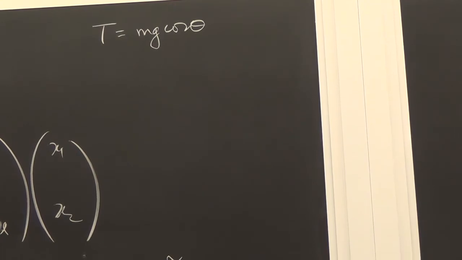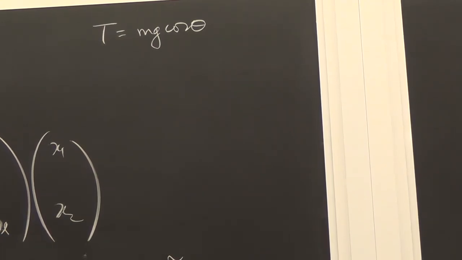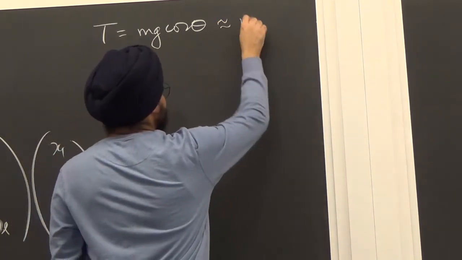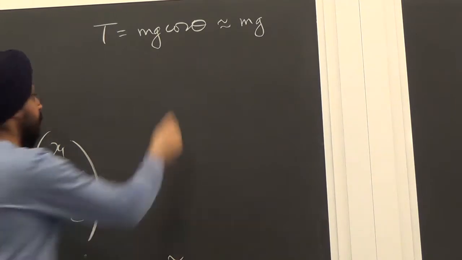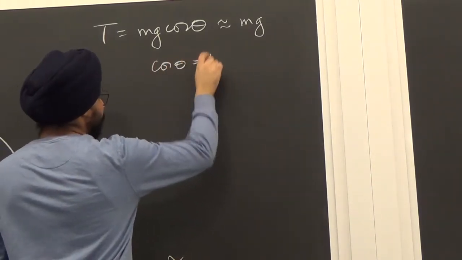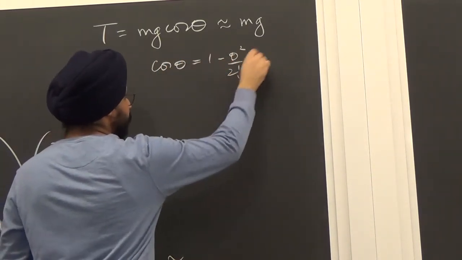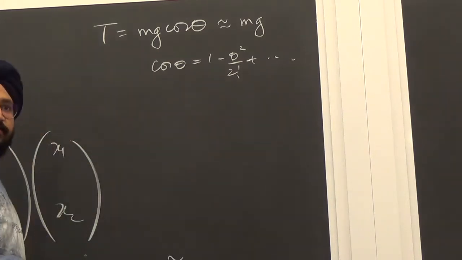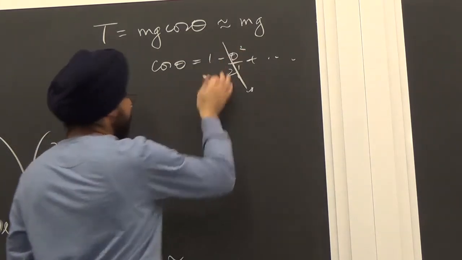Yes, of course, it has some y displacement, but for small angles, it's mg cosine theta. And again, for small angles, this is approximately mg, because cosine theta is 1 minus theta squared over 2 factorial, and so on. For small angles, I can drop this part, so it's approximately 1.